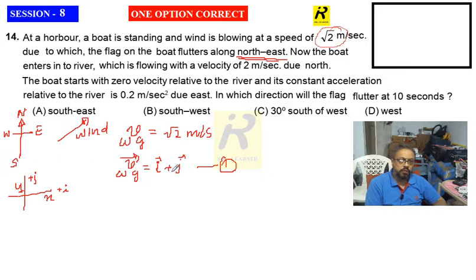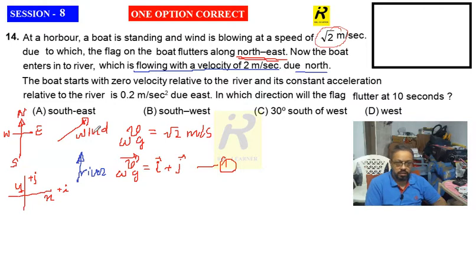Now we have to think about the river, which is also flowing. The river is flowing with a velocity of 2 meter per second due north. So the river is flowing in this direction. This is the direction of the river, right? That means it is flowing only along the y-axis, that means the north direction.